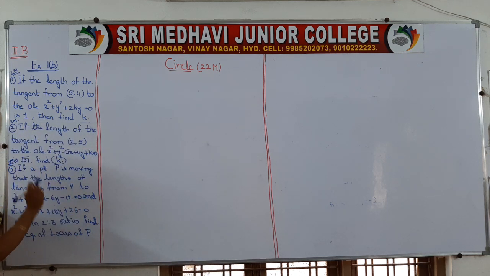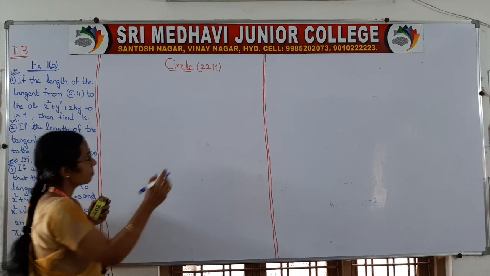If a point P is moving such that the lengths of tangents from P to 2 circles are in the ratio 2:3, then find the locus of P. So we are just reading the question. It is very simple, girls.